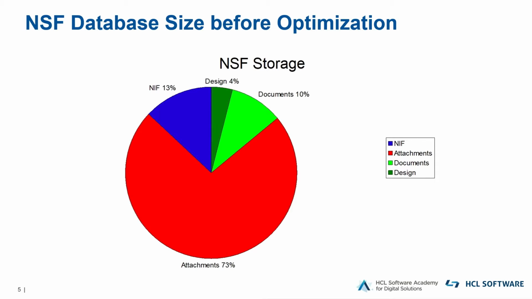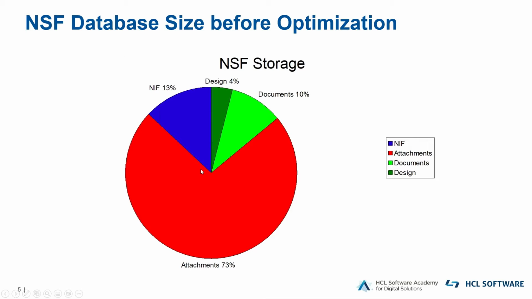Then you have the documents, that's a big part. This is everything that is not attachment and not design or index. Then you have the design, which is usually just a very small part of the database. And then you have the index, the view index and folder index, which is called NIF, Notes Index Facility, and it's like 10 to 15%.